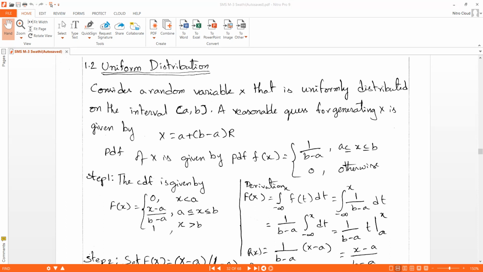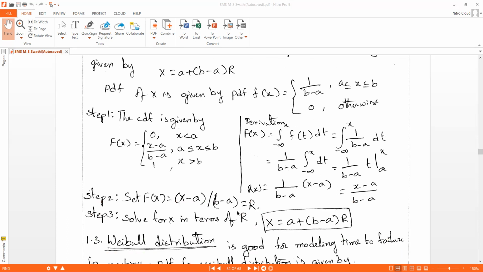Uniform distribution PDF is f of x equal to 1 by b minus a if a less than or equal to x less than or equal to b. Otherwise, f of x equal to 0.